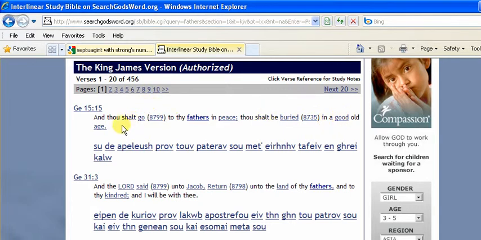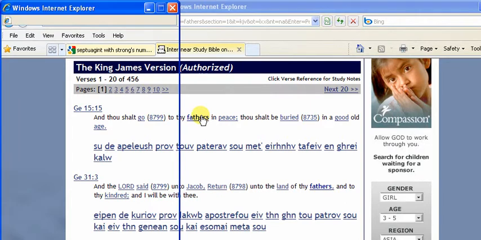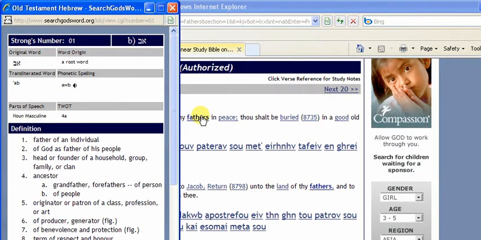So if we click on the word fathers here, we get the Hebrew, which is Av, and you remember that the plural of Av is Avot, for fathers.